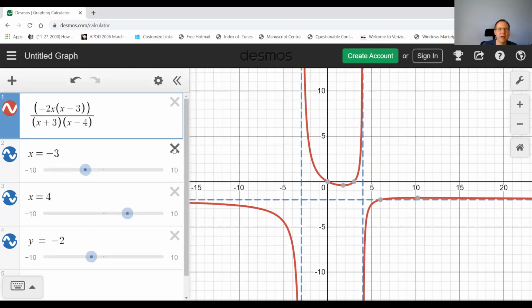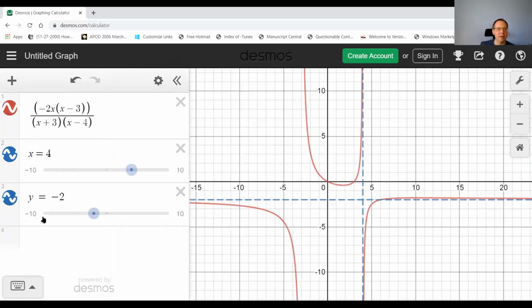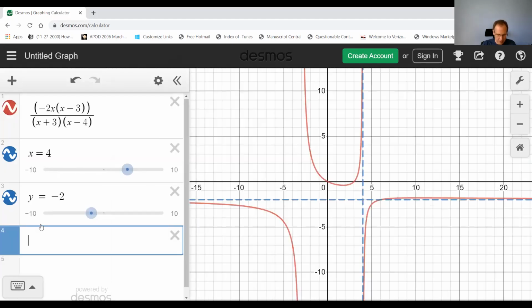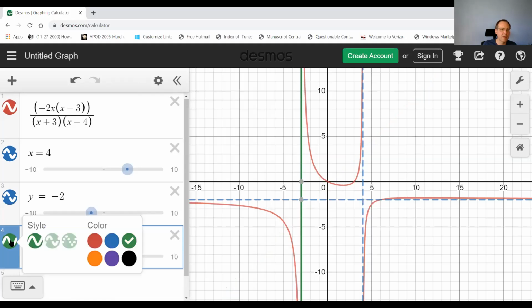If we didn't have that, it would look like this. And you would have to realize, oh yeah, there's definitely a vertical asymptote there at x equals -3, because one side is approaching infinity and the other side is approaching minus infinity. Anytime they're approaching infinity or negative infinity, there's some type of vertical asymptote. But I put it in there just to make it more clear. So x equals -3. And let's change that color to blue.